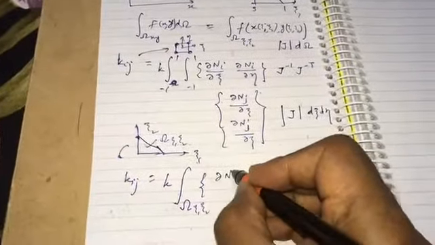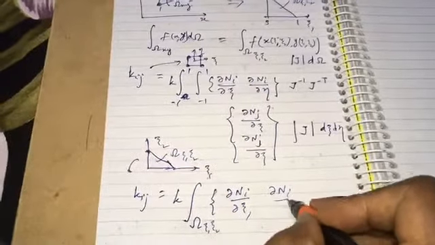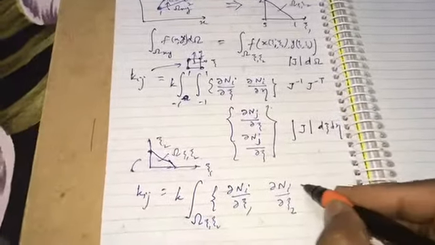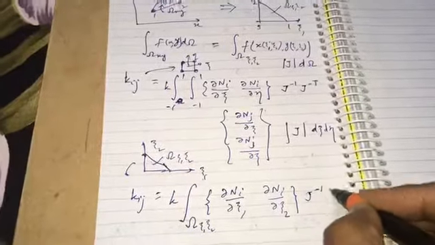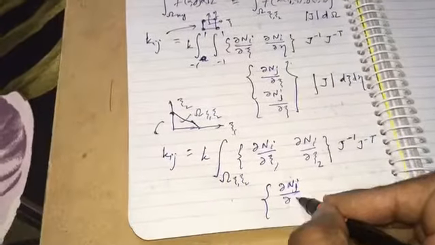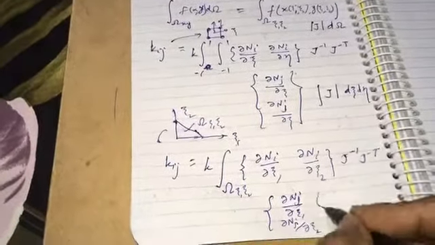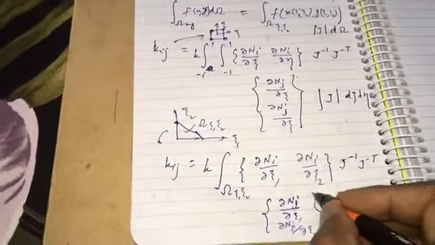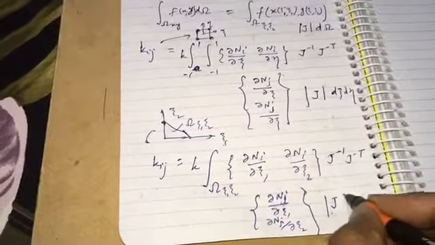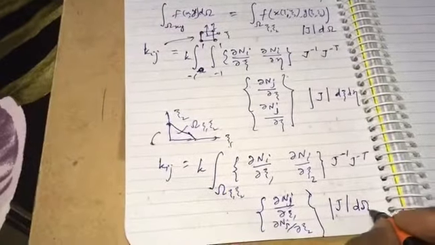Then this can be repeated: del ni over del xi1, del ni over del xi2, then J inverse transpose, then multiplied with del nj over del xi1, del nj over del xi2, and then the determinant of the Jacobian matrix, and d omega.